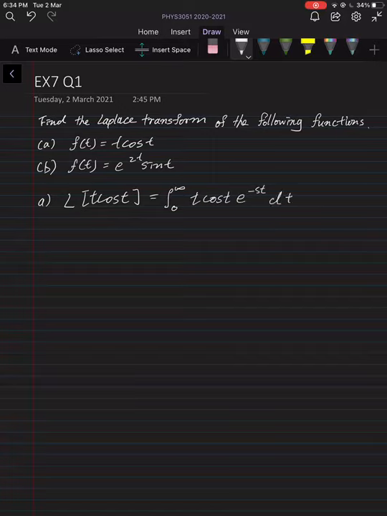Okay, then my question to you would be, do we really need to evaluate this integral explicitly? Or is there any other smarter way to do this transform? It is the minus d/ds. Correct.